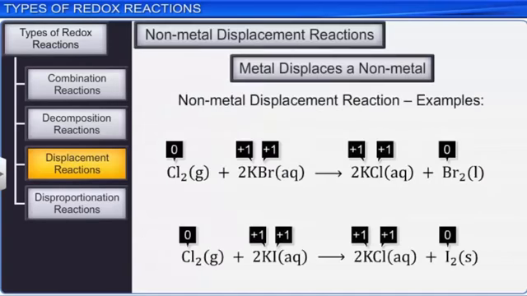In these reactions, chlorine displaces bromide and iodide ions from the aqueous solutions of their salts. These reactions are used to identify bromide and iodide ions as the bromine and iodine produced have characteristic colors. This identification is called the layer test.